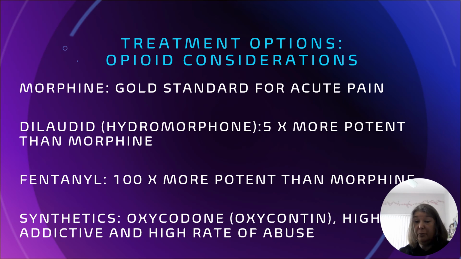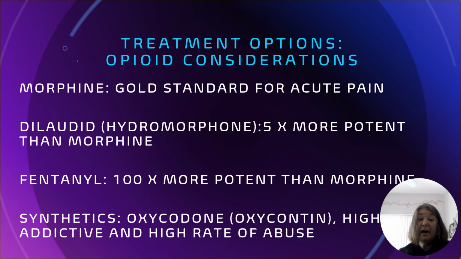It's 5 times more potent than morphine. So it's not up to that fentanyl level yet, but it's stronger than morphine. It is available only in short release forms, and it's frequently used in the treatment of acute pain, particularly via IV. Fentanyl, roughly 100 times the potency of morphine, is another effective short-acting opioid available in IV form in the inpatient setting for acute pain.